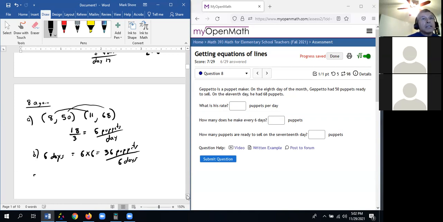And then part C says, how many puppets are ready to sell on the 17th day? 17th day. Well, look, 17 is 6 days after day 11. So again, let's think of this, day 11, we got 68 puppets. Then in 6 more days, 6 more days.